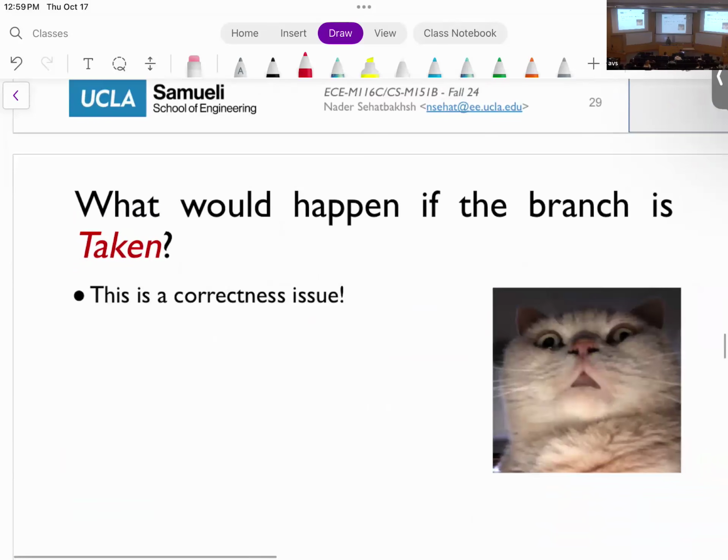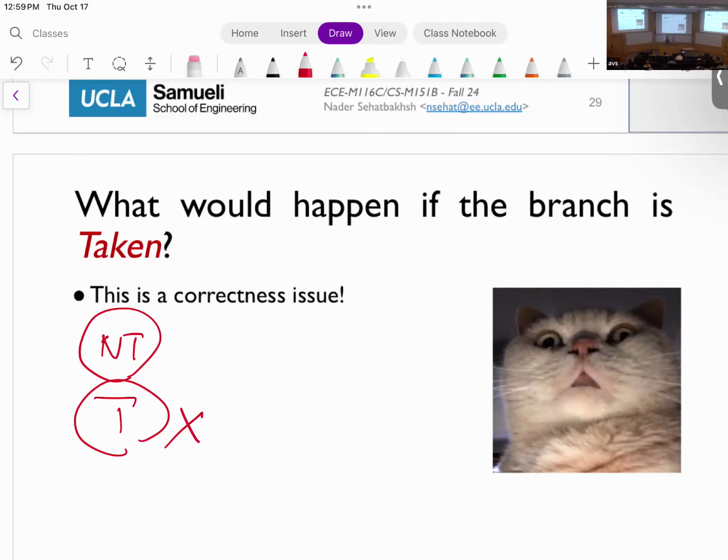But before talking about these additional changes, let's talk about what will happen if we make an incorrect decision. In this case, if you're always assuming that the branch is not taken, and it's indeed taken, then we have a big problem, and that is a correctness issue. It's not a performance issue where you can say, oh, we're going to have less performance sometimes. This is actually a correctness issue that we have to fix. Otherwise, our program is going to run incorrectly.